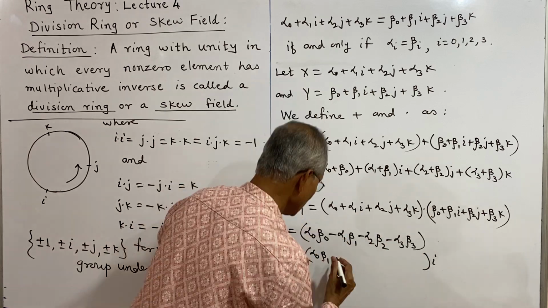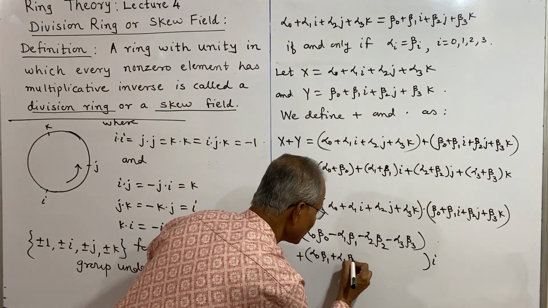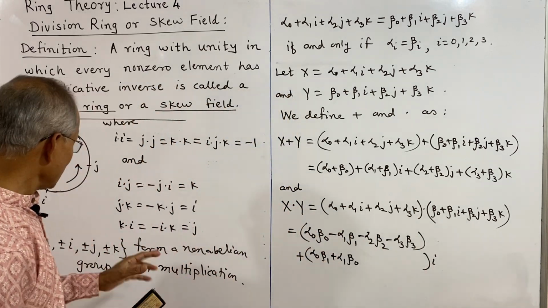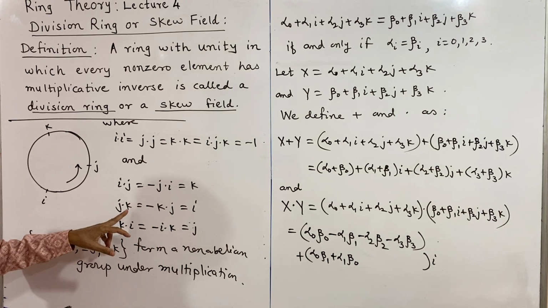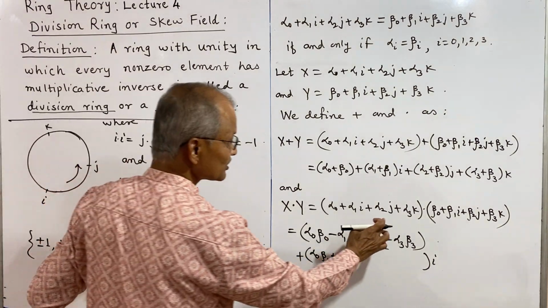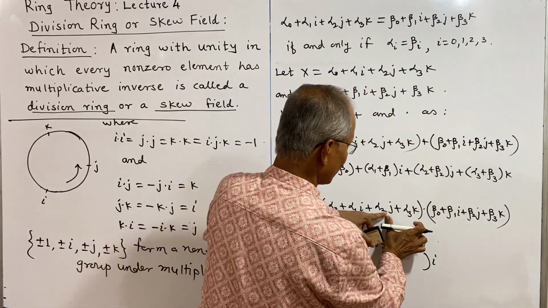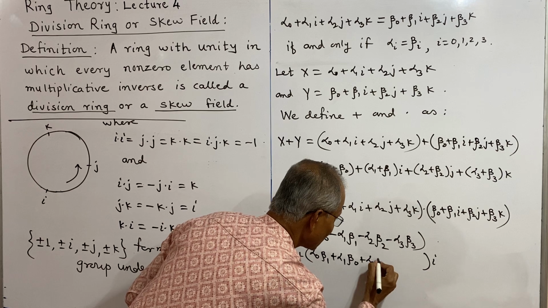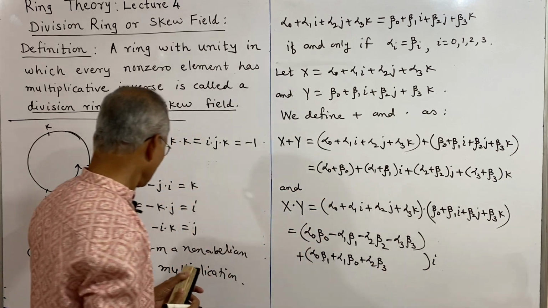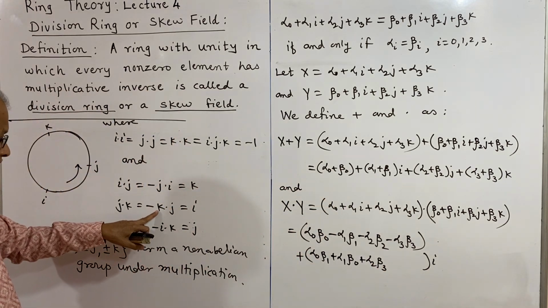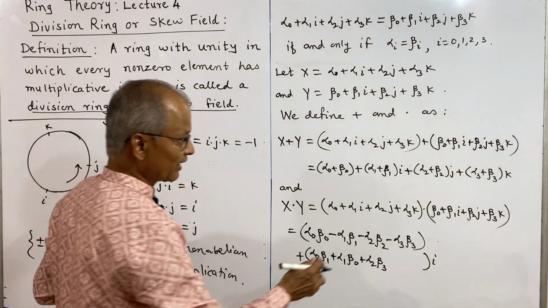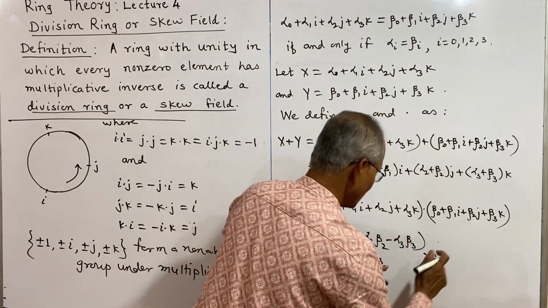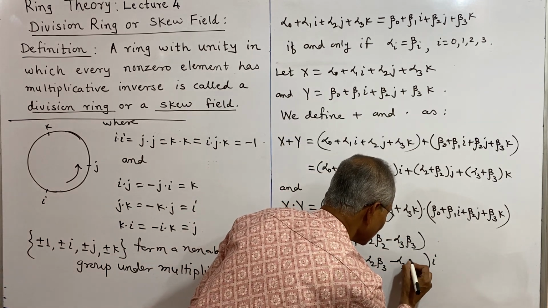Again the component of I is here, you see, that is j dot k, which gives alpha 2 beta 3. And now, minus I, k dot j, that is negative alpha 3 beta 2.